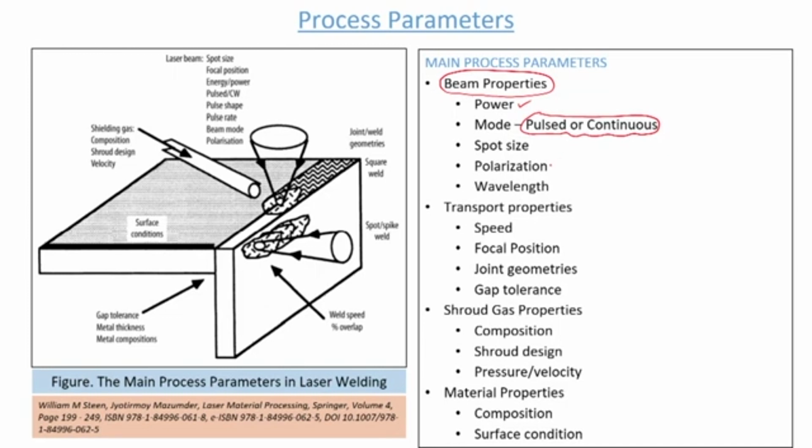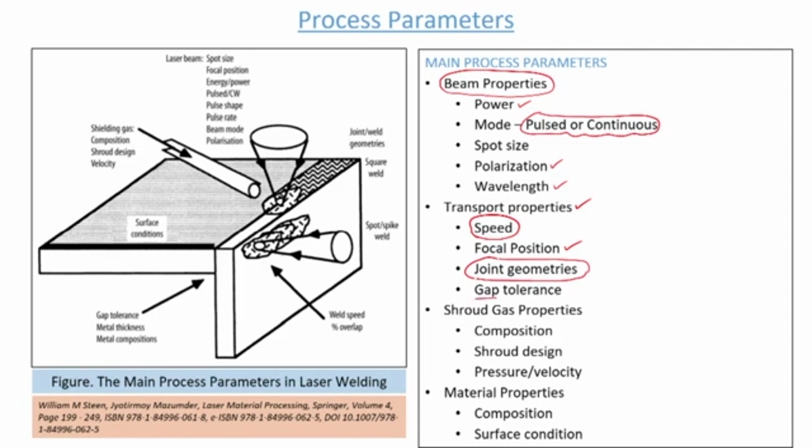Then laser related parameters such as polarization and the wavelength. If the wavelength of the laser is low, its absorptivity would be high, reflectivity would be less, and then we can achieve a better quality weld. Then the transport related properties, the speed of interaction of the laser with the work part, the focal position of the laser with respect to the work part, then the geometries of the joint, the geometries of the work samples also affecting.